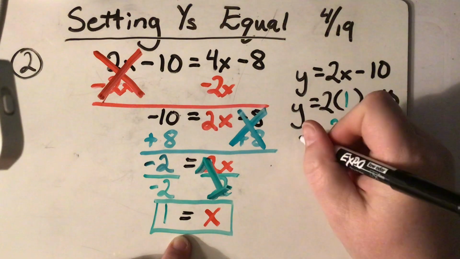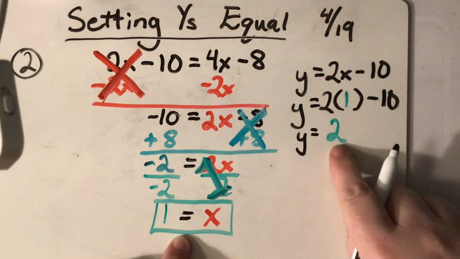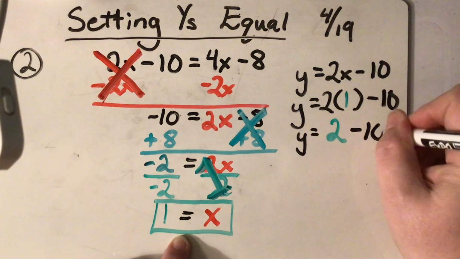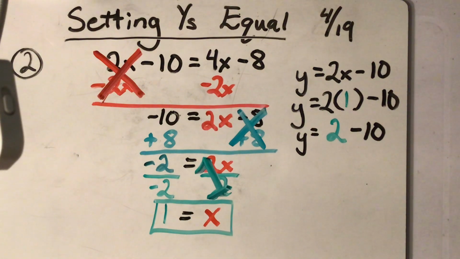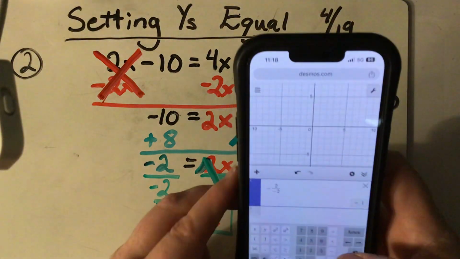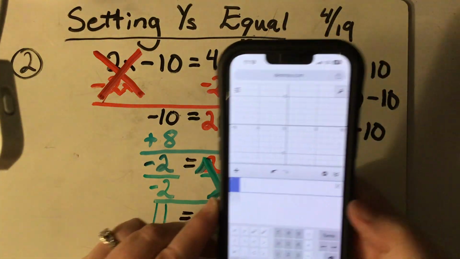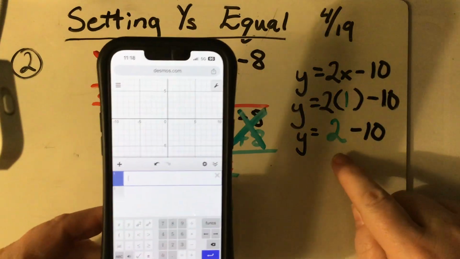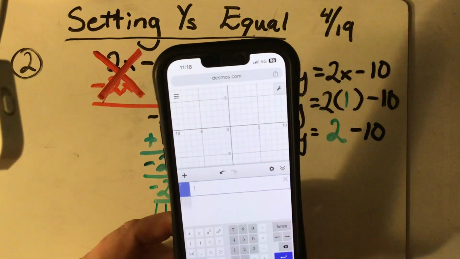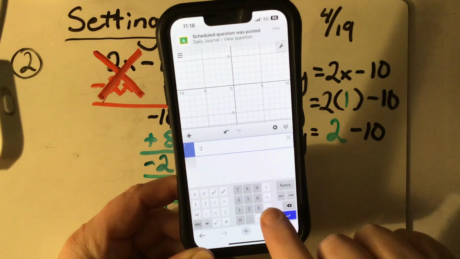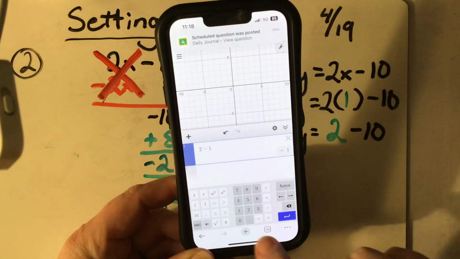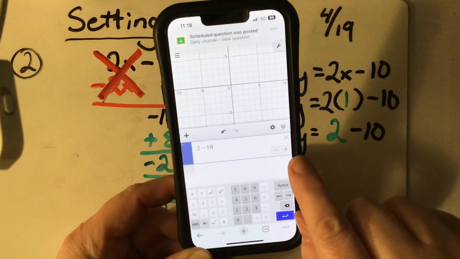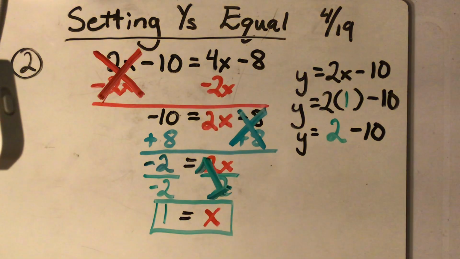Okay, so now I've got y equals 2 minus 10. There goes those negatives there, you guys. Okay, what is 2 minus 10? 2 minus 10. Oops, there we go. Negative 8.